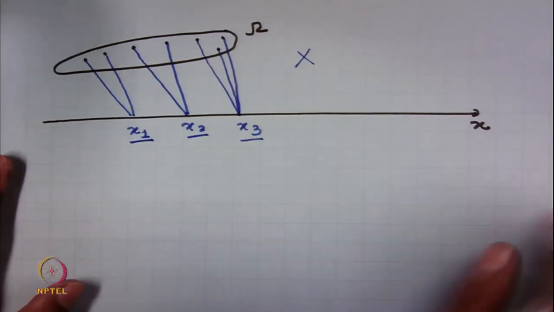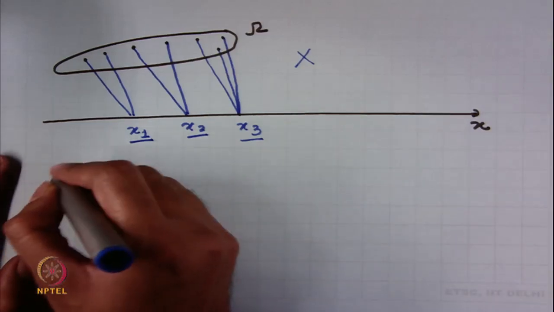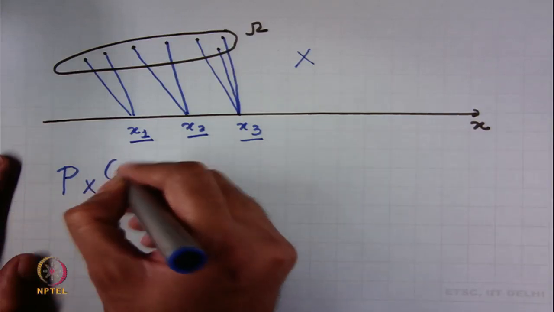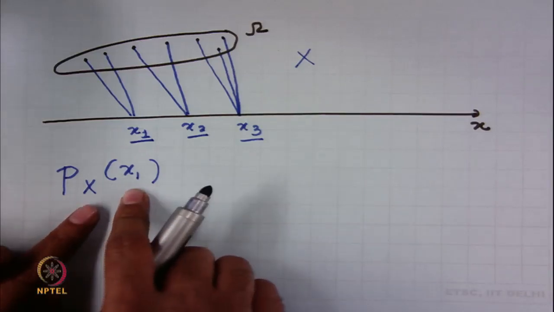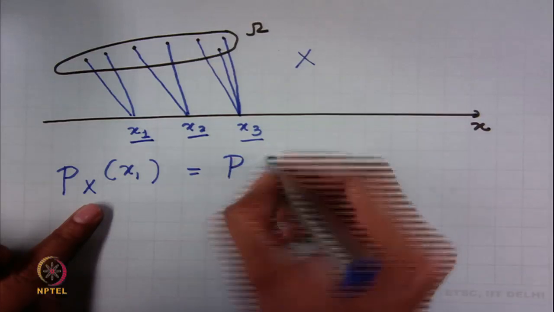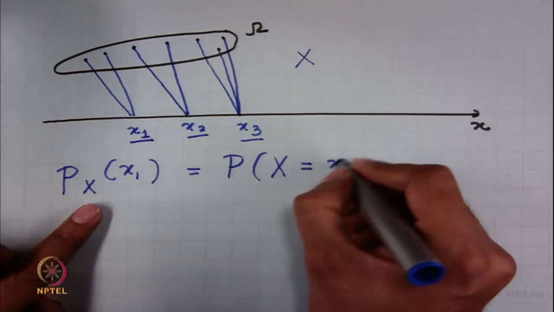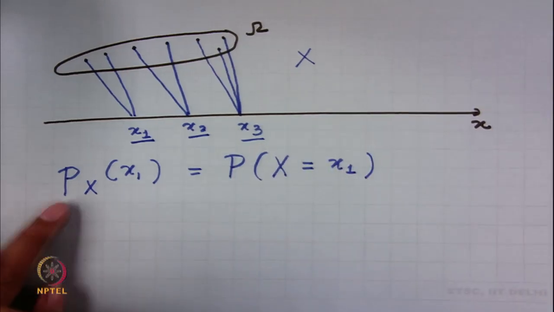Now, if I ask what is the PMF P_X of x1, it just tells me what is the probability for the random variable X taking a value x1. This is the interpretation of the PMF.